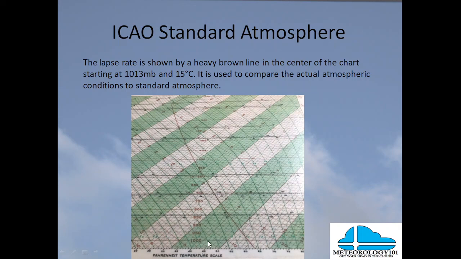The horizontal lines are your lines of equal pressure, and this represents a standard atmosphere. Then you have your moist adiabatic lines, dry adiabatic lines, and obviously all your temperature lines, and your temperature and dew points are plotted on the temperature lines. So just an overview there.